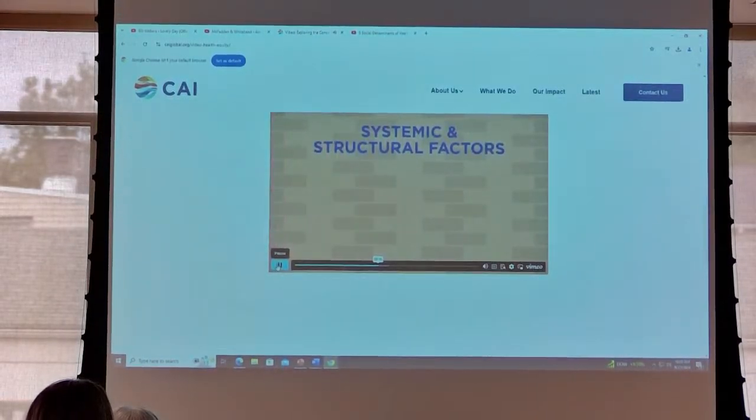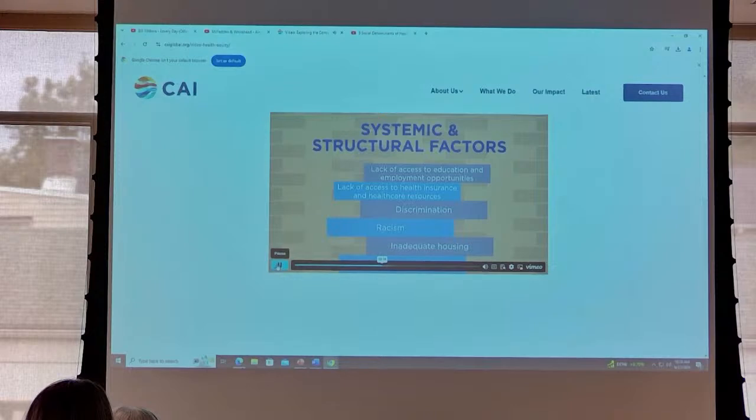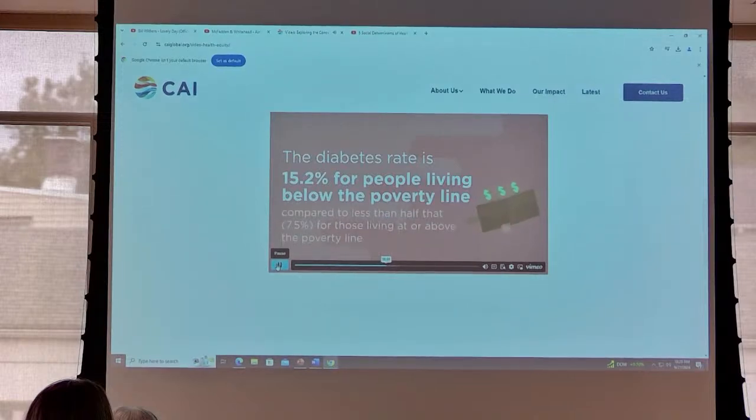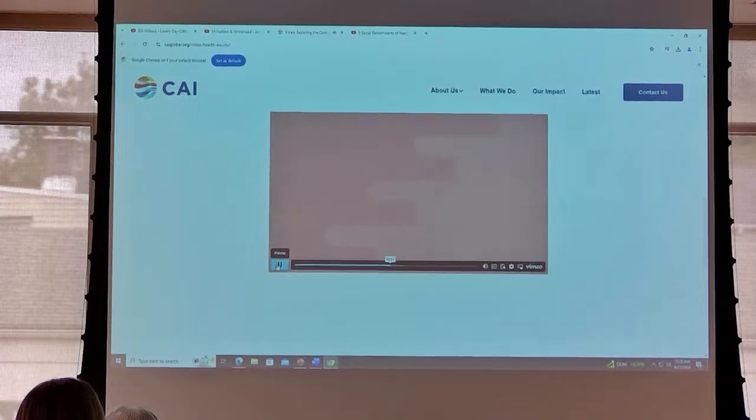Other examples of health differences that are caused by social and structural factors that create barriers to accessing healthcare services and resources include the diabetes rate is 15.2% for people living below the poverty line compared to less than half that, 7.5%, for those living at or above the poverty line.